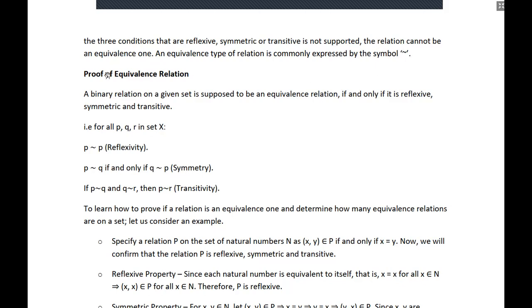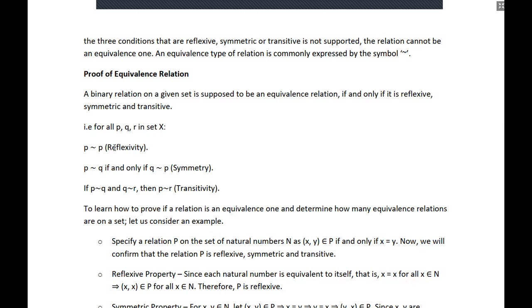The proof of the equivalence relation: a binary relation on a given set is an equivalence relation if and only if it is reflexive, symmetric, and transitive. For all P, Q, R in a set X, P is related to P, that is, P is related to itself.